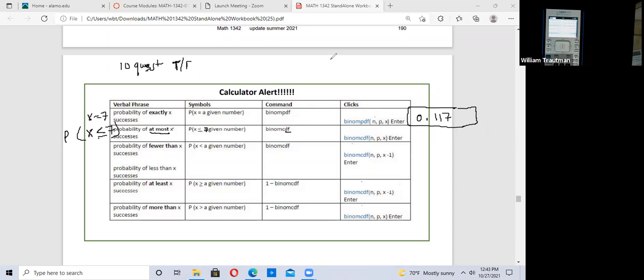So let's go to the calculator, and we're going to go to menu, number 5 again. And then we're going to go to B. And there's B, binomial CDF.